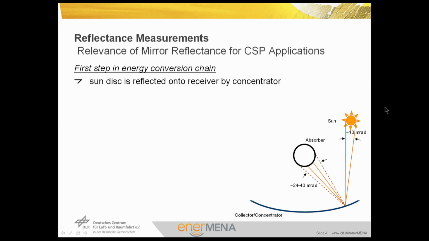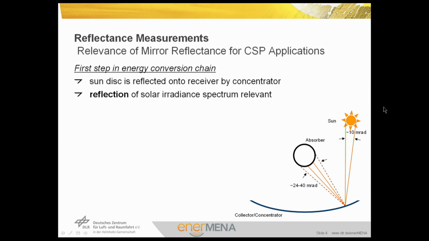The reflectance is important in CSP applications because what happens on the solar collector is the first step in the energy conversion chain, and the sunlight is reflected by the concentrator onto the absorber.